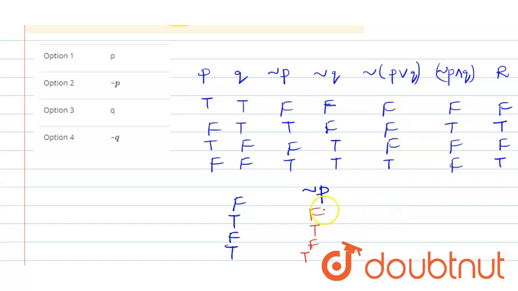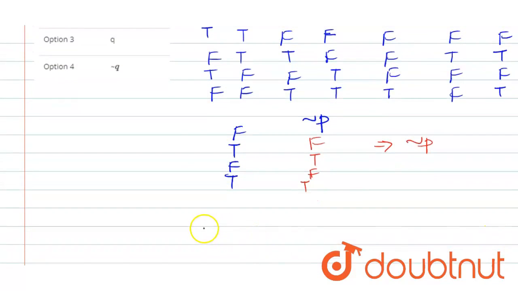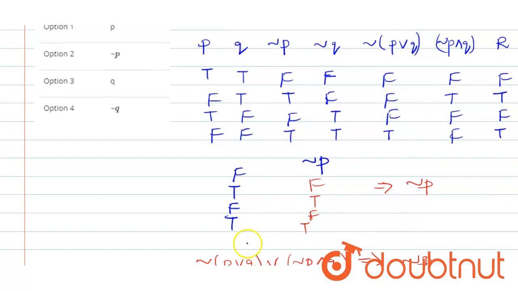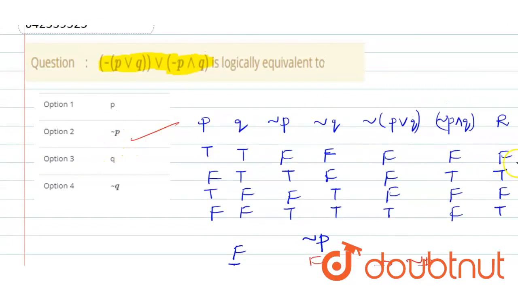So here we can say that the answer is negation P. So for the condition negation of (P or Q) or negation of (P and Q), the final answer is negation P. So the final answer we got is negation P.